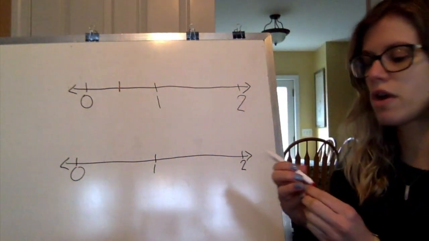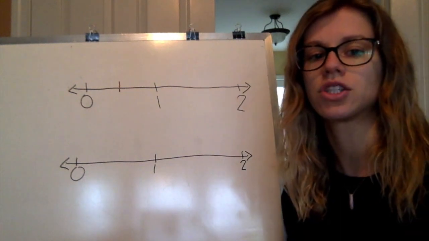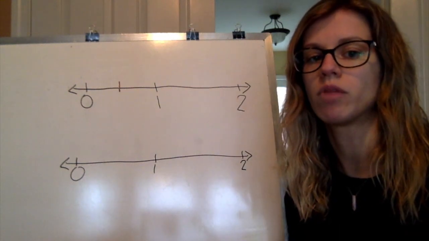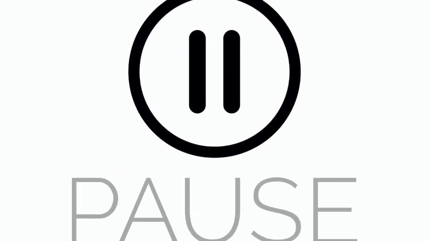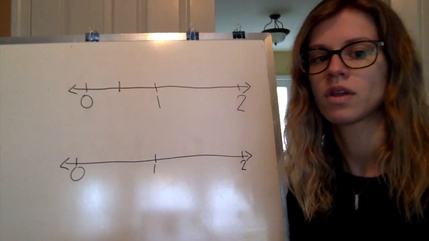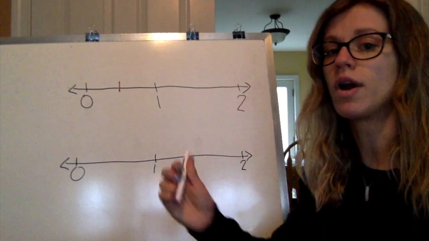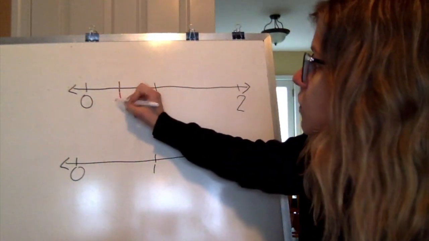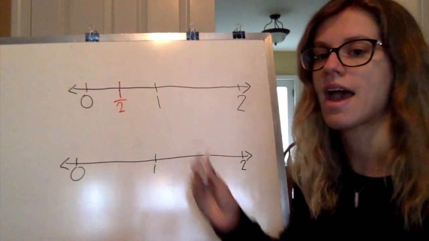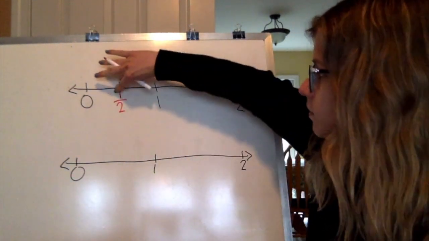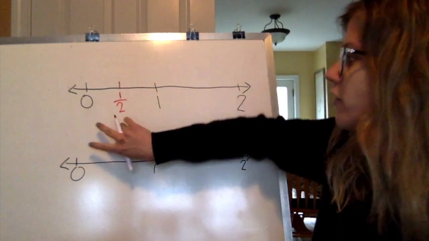I want you to talk to a parent right now and think about what fraction of one block the ant has traveled. He's traveled 1/2. So I put 1/2. That's half of my block.